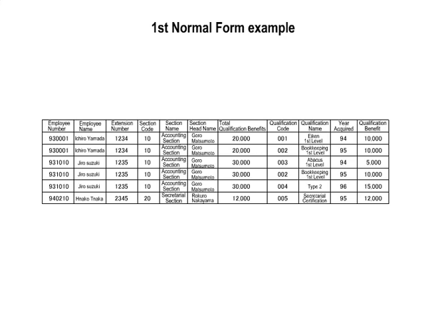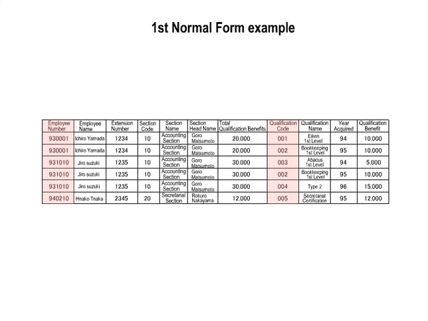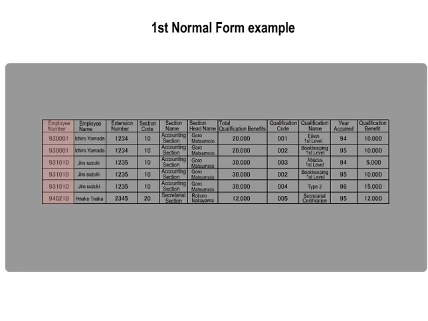Furthermore, in the illustration, each record of first normal form can be identified by using both employee and qualification acquired, so the primary key will be employee number plus qualification code. If the employee number were used as the only primary key, multiple records with different qualification codes might be extracted.